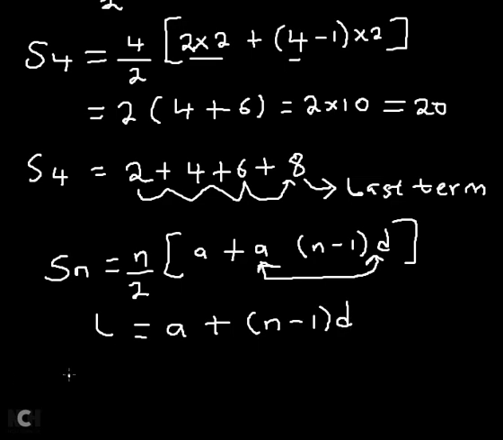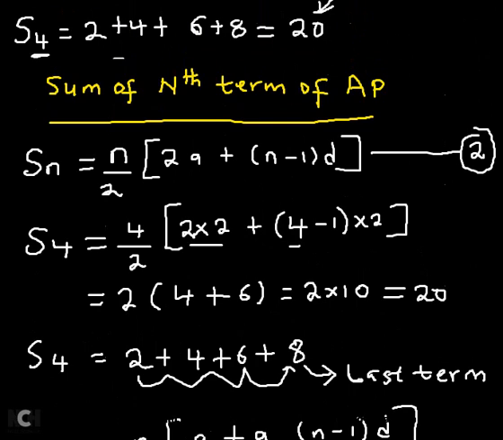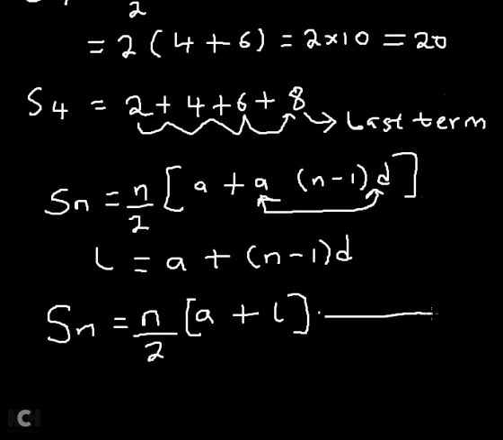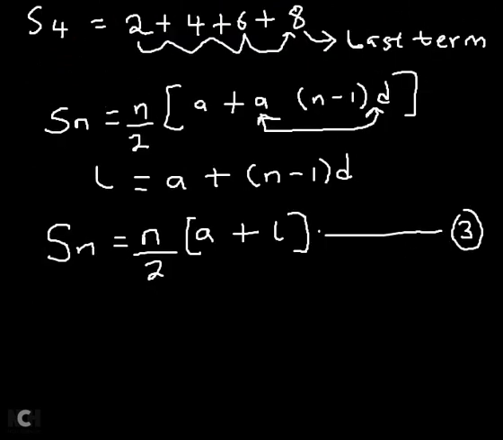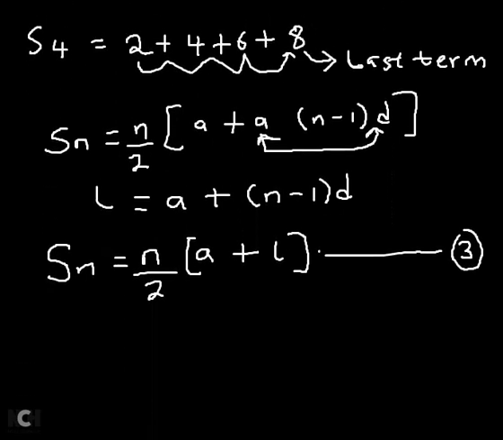So I can simply say that Sn is going to be equal to n all over 2, bracket open, a, then plus the last term. So that's another way of expressing the sum of the nth term of an AP. Please take note of that.